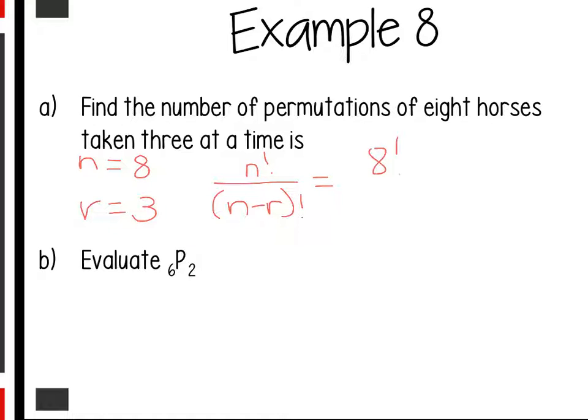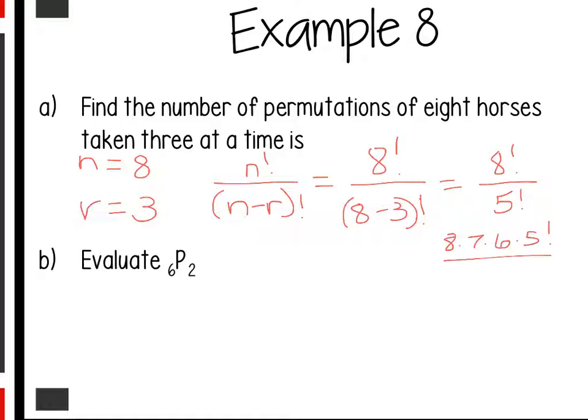So it's 8 factorial over 8 minus 3, which is 5 factorial. 8 times 7 times 6 times 5 factorial over 5 factorial becomes 8 times 7 times 6, which is 336.